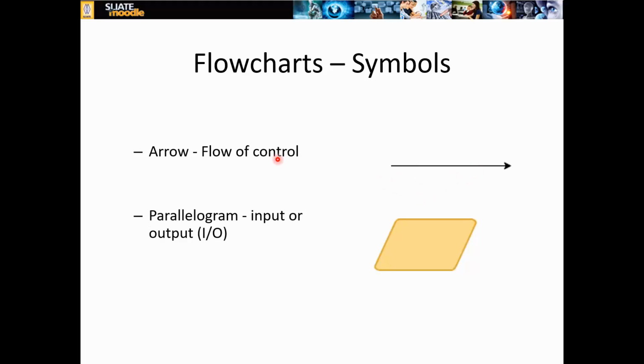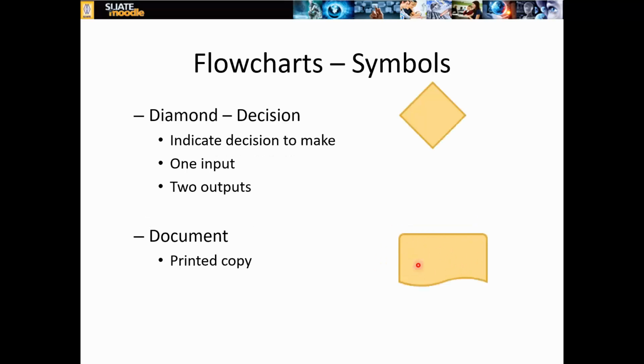This is called flow control. And when you are to input or output data, then you will use this kind of symbol. And diamond, if you are to use any condition, then you will use the decision symbol.